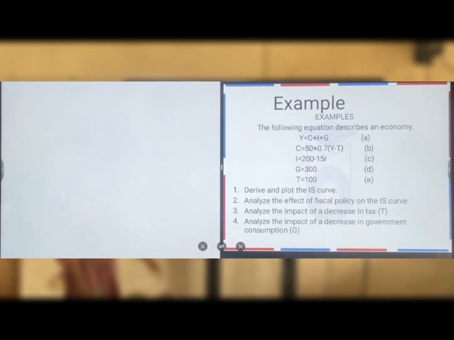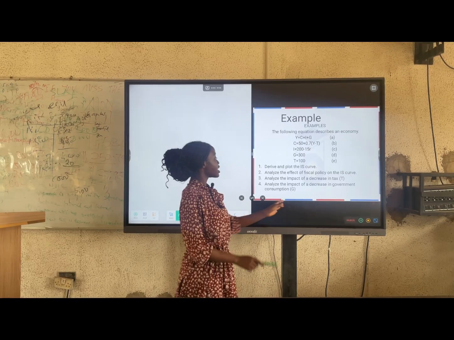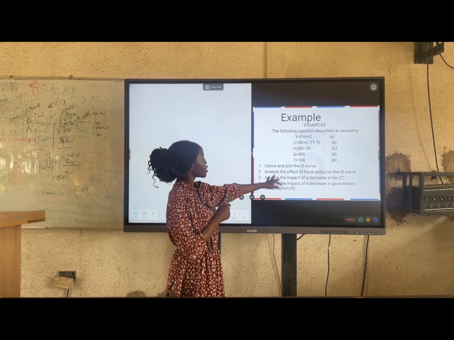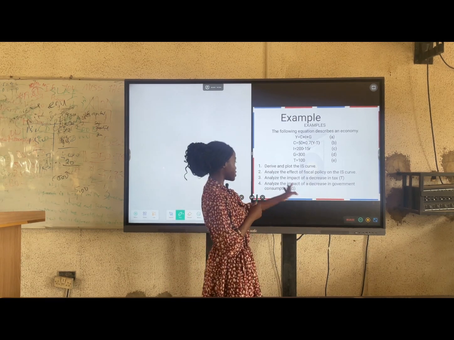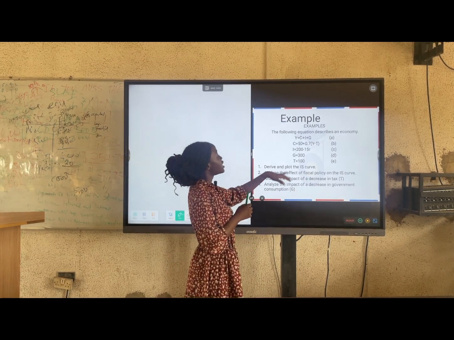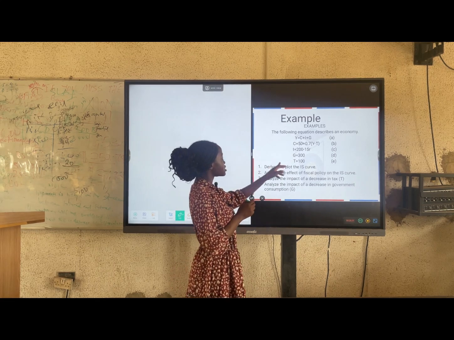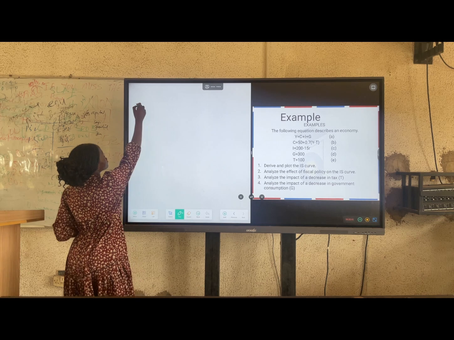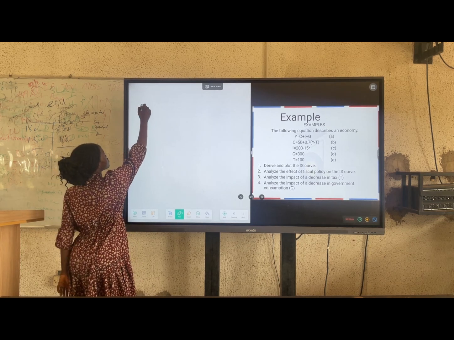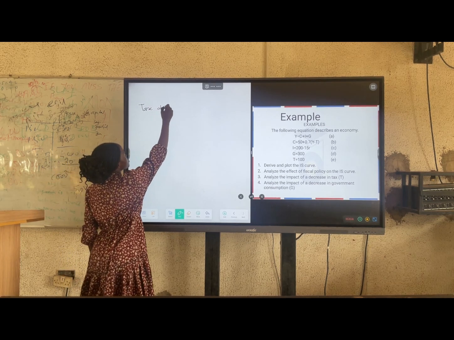The question says we should analyze the effect of fiscal policy on the IS curve. For this we'll be using the tax. Let's assume that there is a decrease in tax. In the question, we're given tax to be 100. We can either use government spending or tax, but here we're going to be using the tax. So let's assume the tax decreases from 100 to 75.